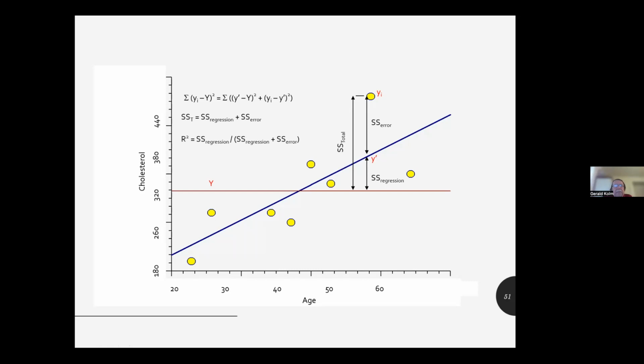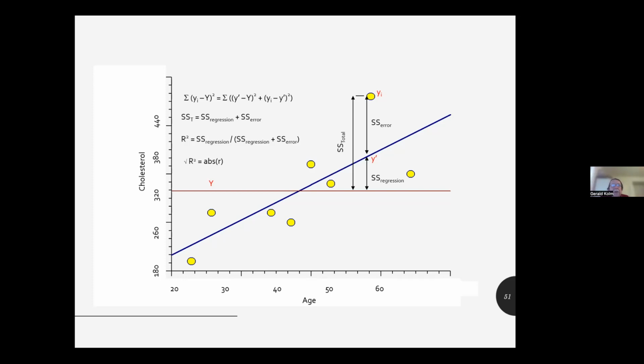If we divide the regression sum of squares by the sum of the regression plus the error sum of squares, we get a value called the R squared. And what is this? Well, this is actually the correlation between age and cholesterol squared. And so if we take the square root of r squared, we'll get the absolute value of r.